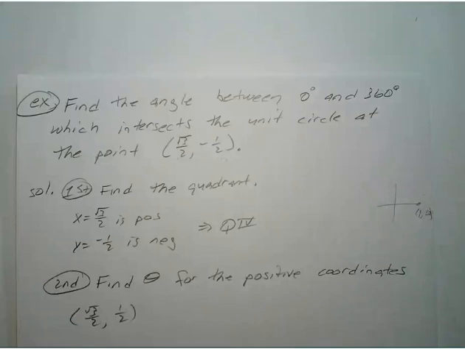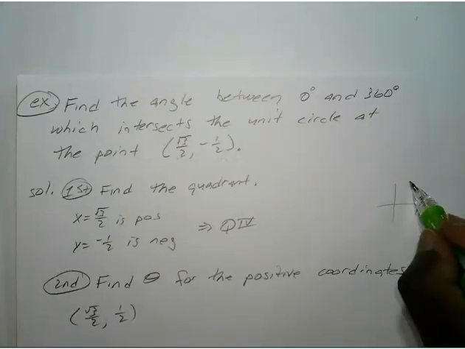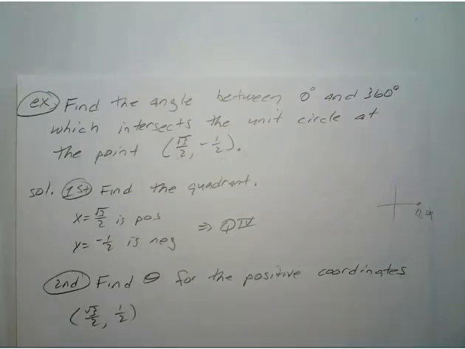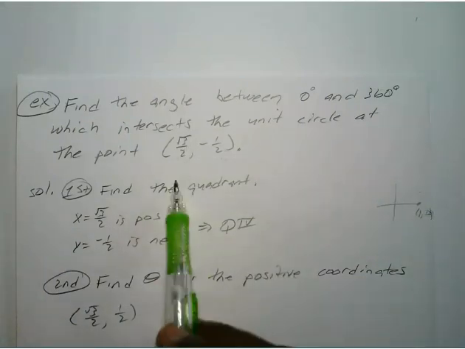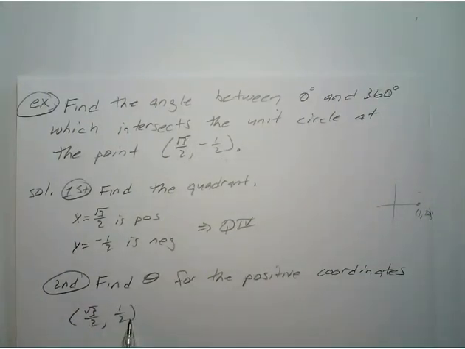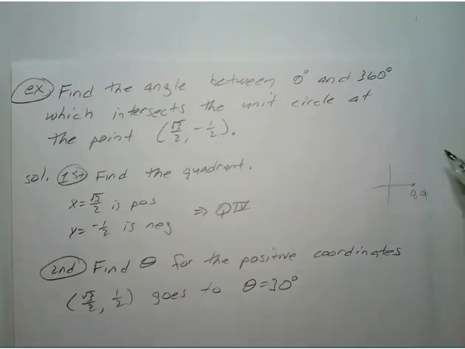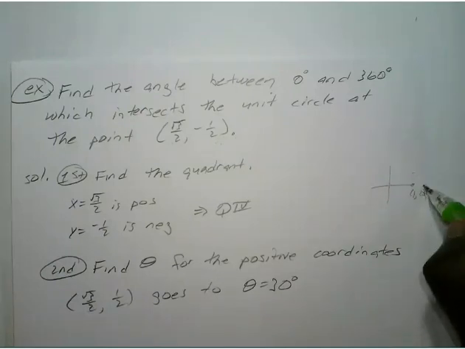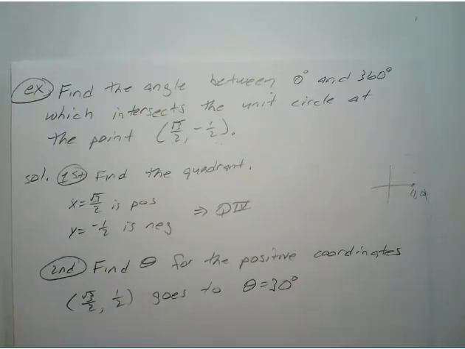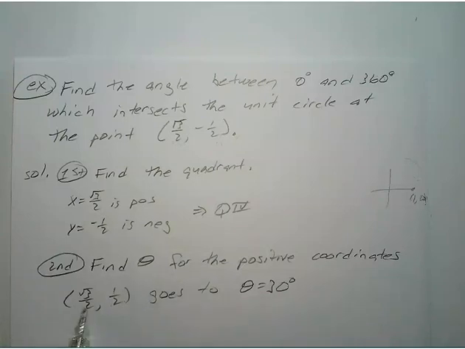So you have your square root of 1 over 2, square root of 2 over 2, square root of 3 over 2, square root of 4 over 2, and it goes up that way. You'll see that this particular point, when both are positive, meets up at 30 degrees. So theta equals 30 degrees, because remember, you have the technique that we learned in the first video.